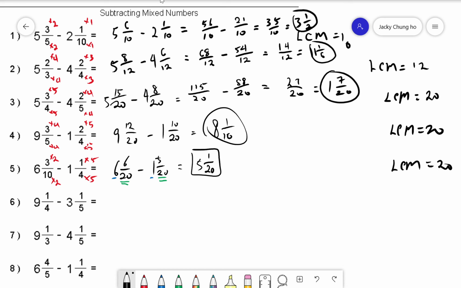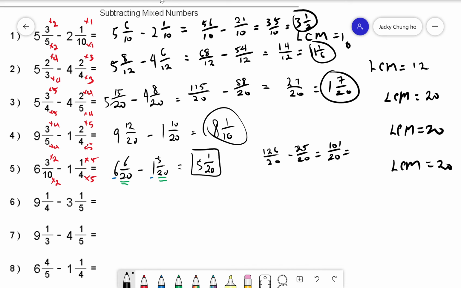But if you want, we can stick with the conversion back to improper fractions. In this case, I'll just do it on the side. It's the same as 126 over 20 minus 25 over 20. This will give me 101 over 20.